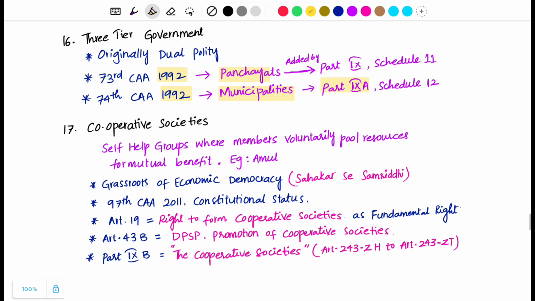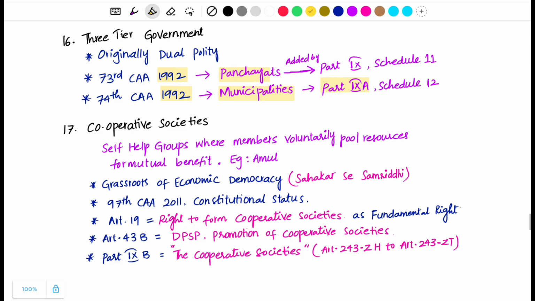So 73rd, let's read it out again. Three-tier government. Originally there were only the center and the state. The third tier is formed by way of the 73rd and 74th constitutional amendments in the year 1992. The 73rd Constitutional Amendment Act provides for the Panchayats.